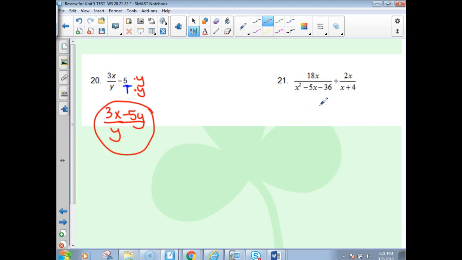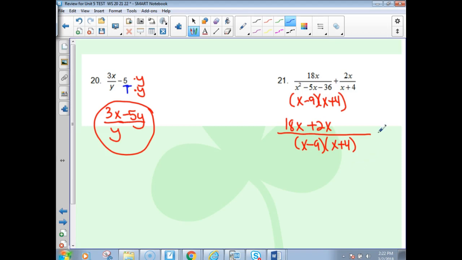Number 21, we need to factor the first fraction, which would be x minus 9 times x plus 4. The second fraction is missing the x minus 9, so our common denominator is x minus 9 times x plus 4, which means we're going to have to multiply 18x by nothing, because it's already got the whole denominator, plus 2x times what's missing in the second fraction's denominator, and that's x minus 9.